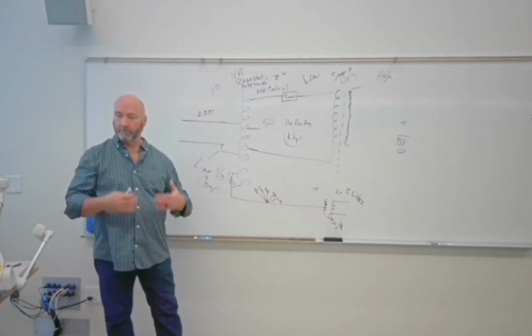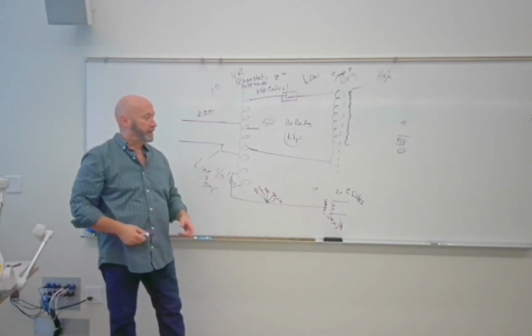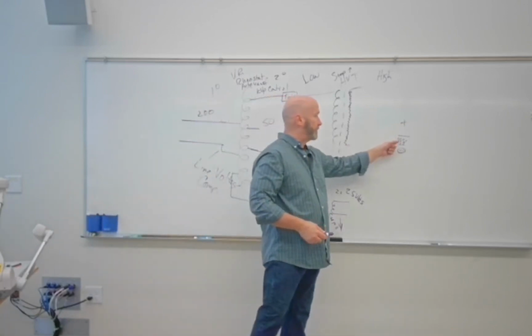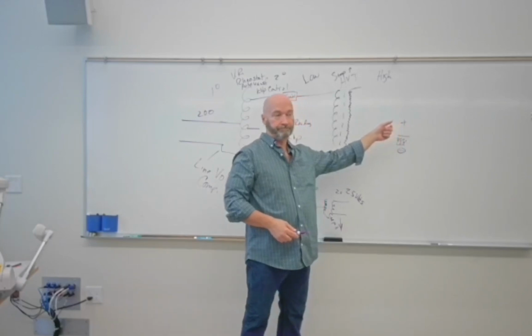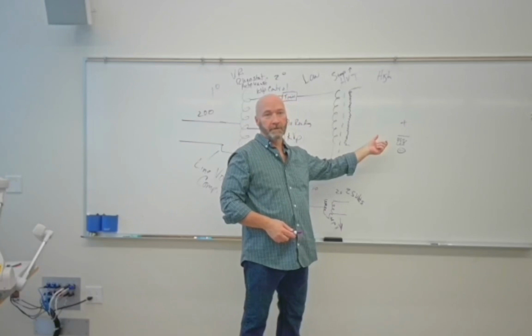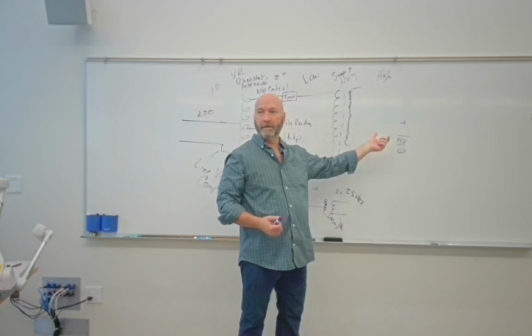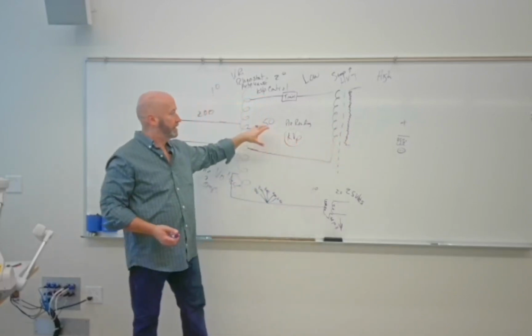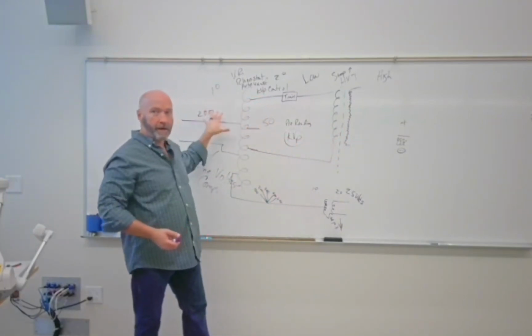It's what pushes it along, right? So the likelihood of 200 volts pushing those electrons across the tube could happen. The likelihood of 25 volts, probably not, right?